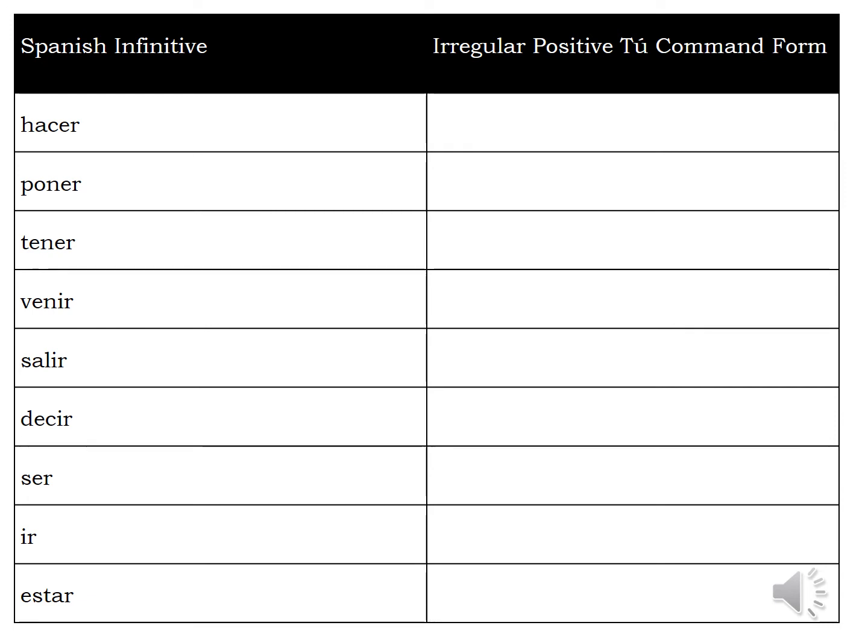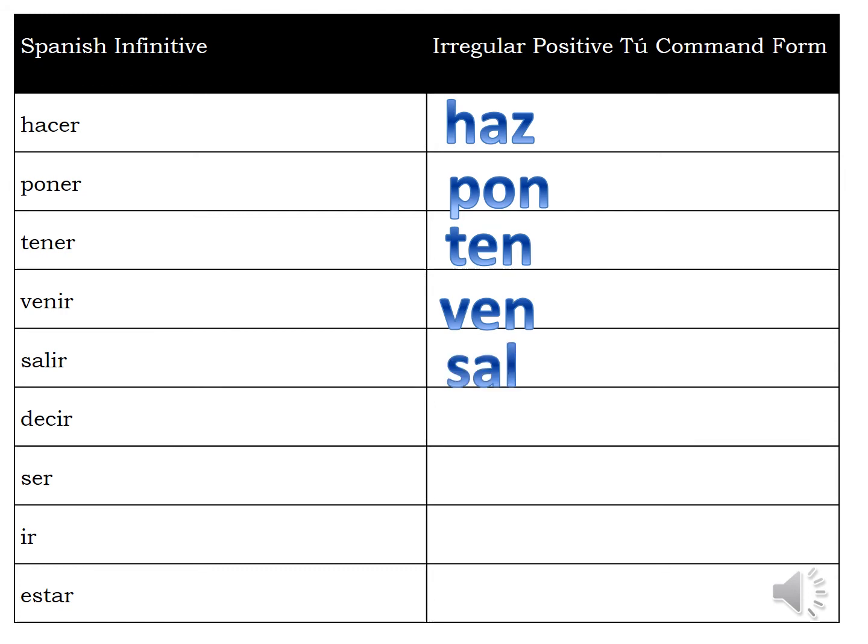That might be a little trick to help you remember. Our form of hacer is haz, poner is pon, tener is ten, venir is ven, salir is sal, decir is di, ser is sé, ir is ve, and estar is está.